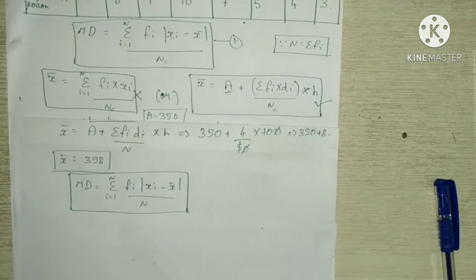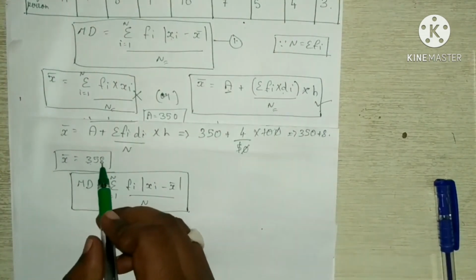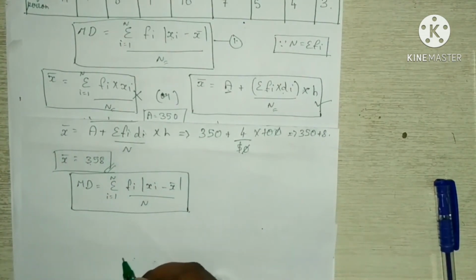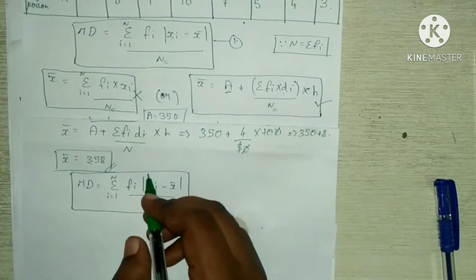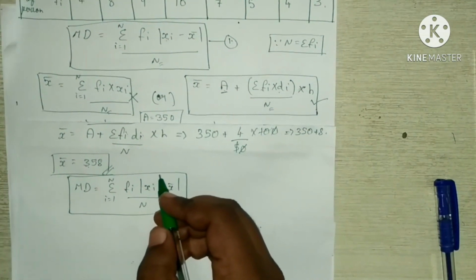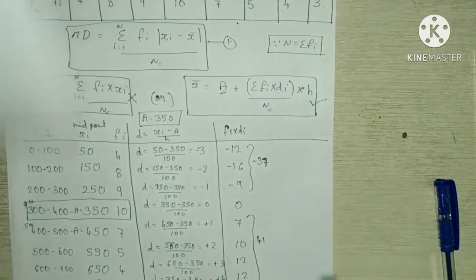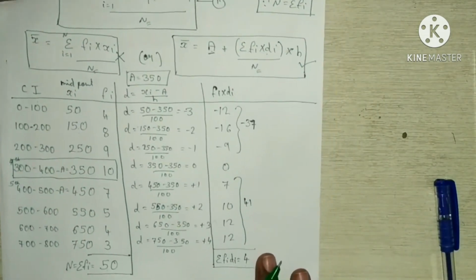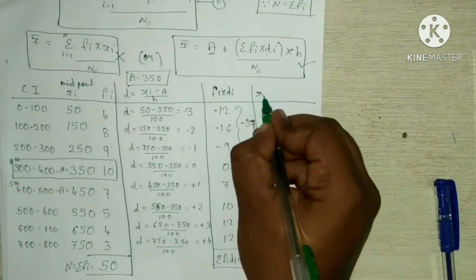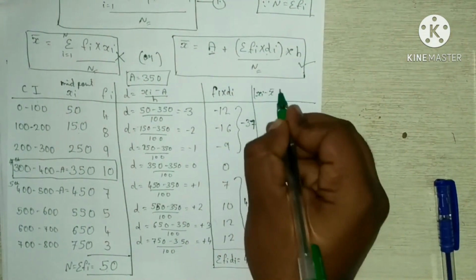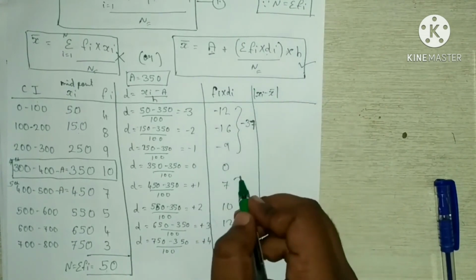Okay, we got X bar is equal to 358. Now we need to find Xi minus X bar. Next we'll go with the tabular column. Xi minus X bar is nothing but Xi minus 358.